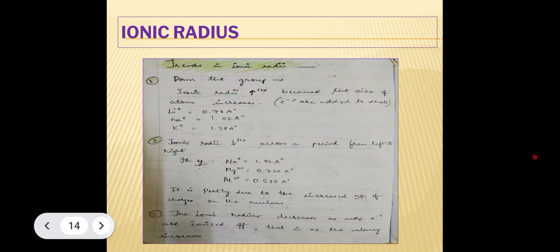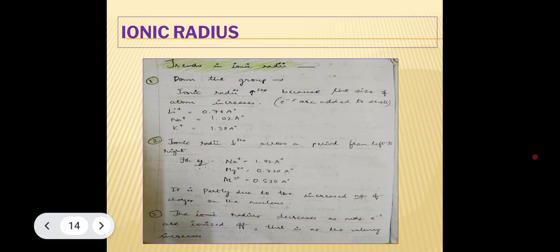The electrons will come close to the nucleus, and hence the size of the atom is less, and the ionic radius is also less. Sodium ion is 1.02 angstrom. Compare that with aluminum ion, Al3 plus, at 0.535 angstrom. Here we can observe that the ionic radius is getting less and less.